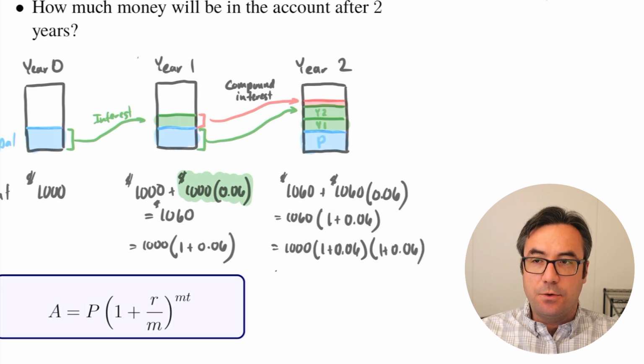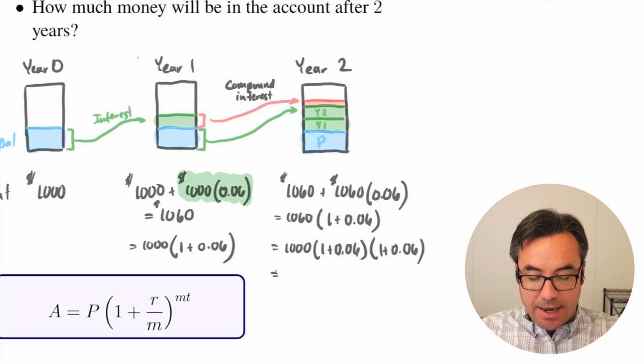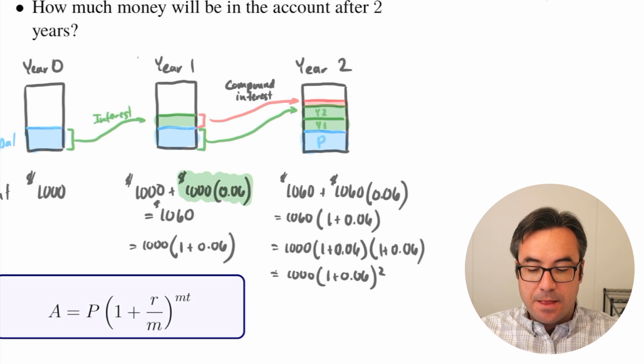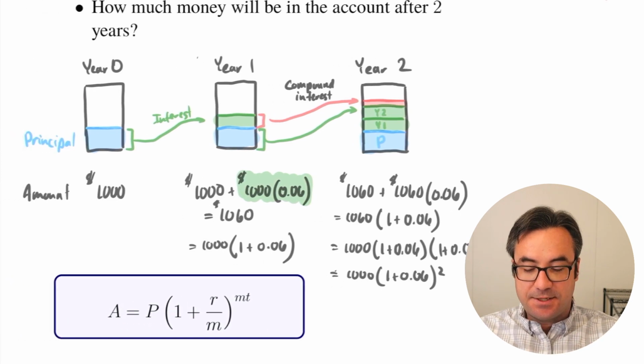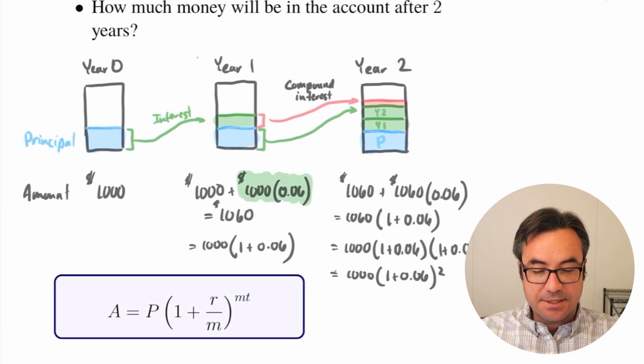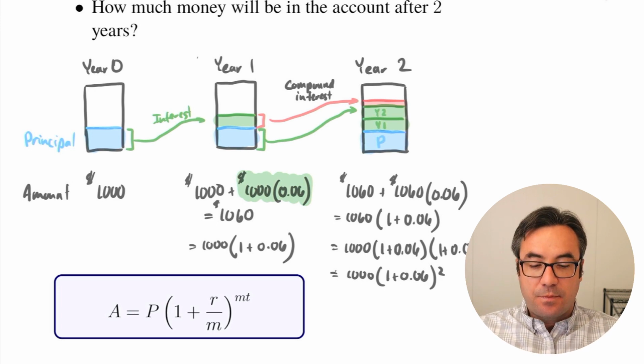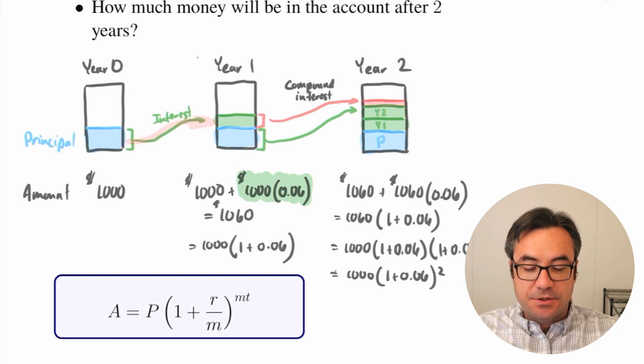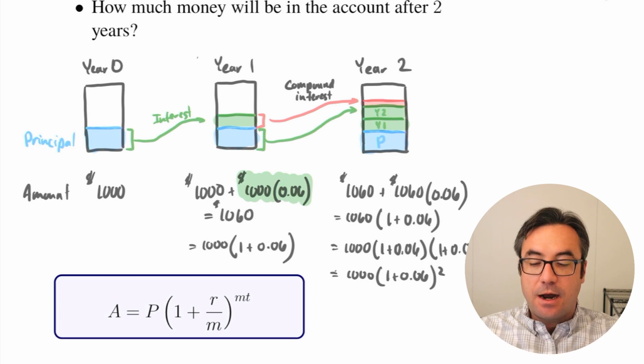And if we combine those, this is just 2 copies of 1 plus 0.06, so we could write that as squared. And so it's not a coincidence that after 2 cycles of interest payments, our account balance has this squared up here.